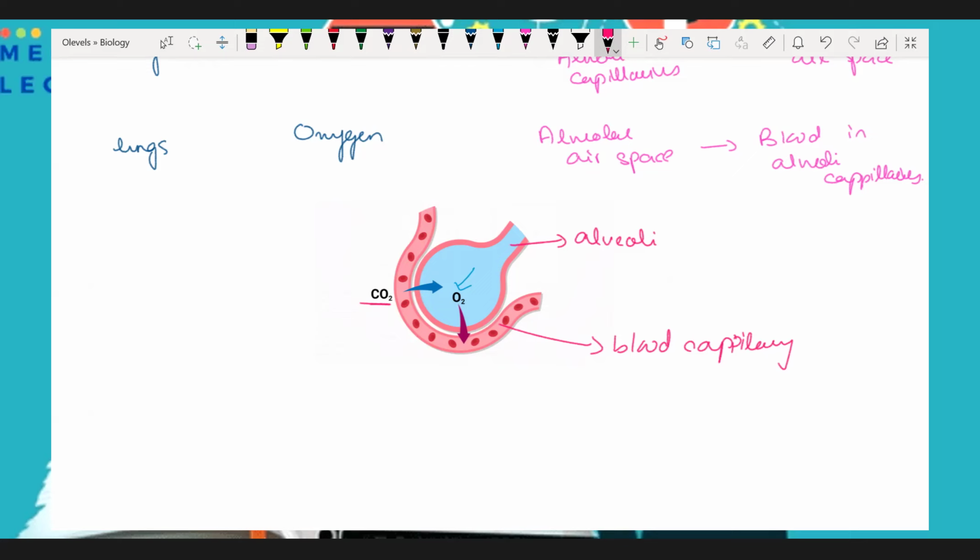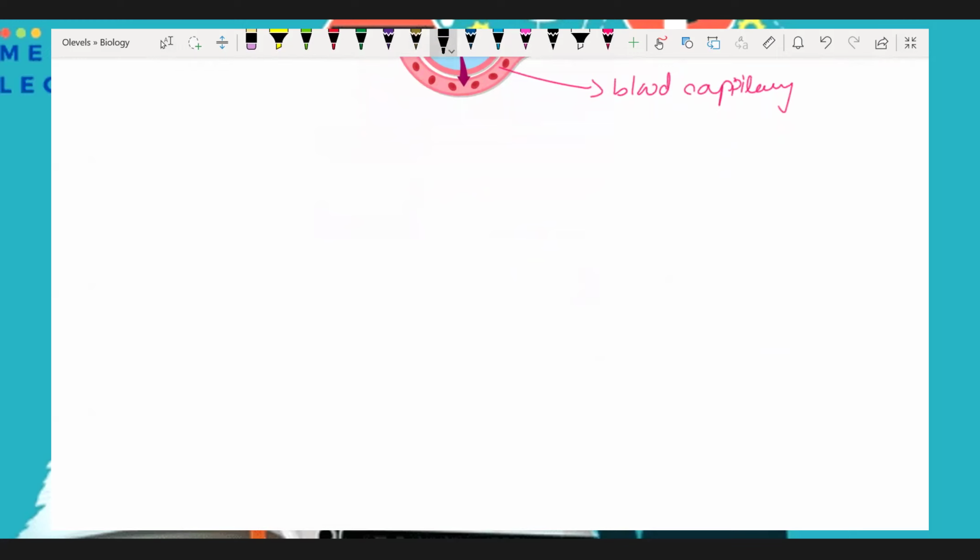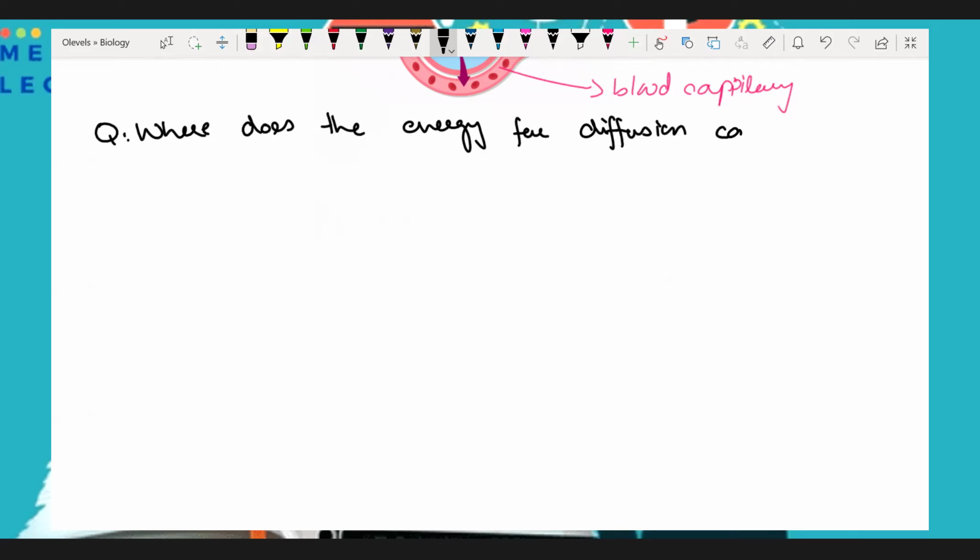Now there's a question: where does the energy for diffusion come from, right?